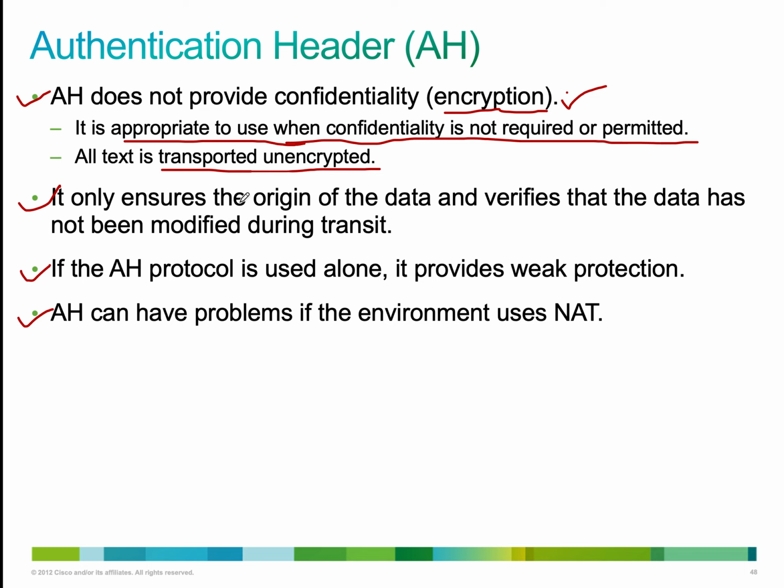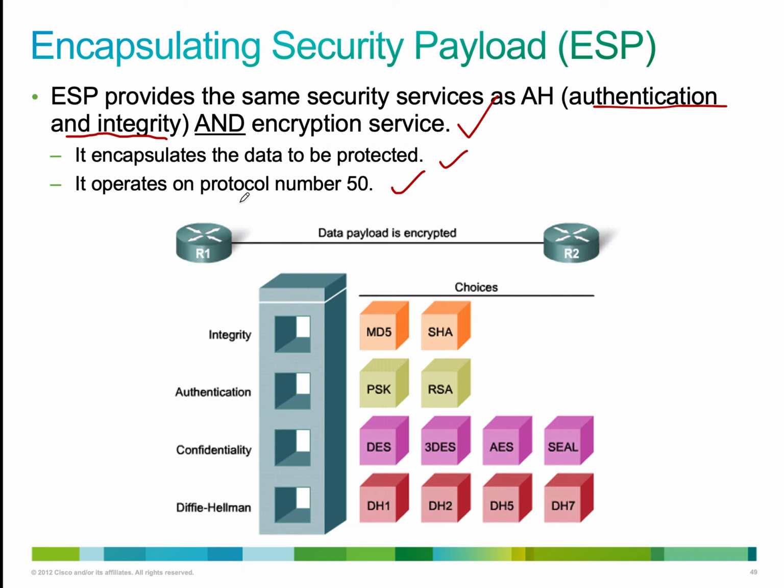It only ensures the origin of the data and verifies that the data has not been modified during transit. And if the AH protocol is used alone, it provides weak protection. So you have to use it with ESP. That's why we prefer AH plus ESP to be used. AH can have problems if the environment uses NAT.